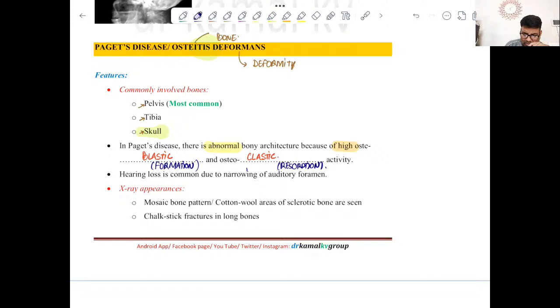Because sometimes there is narrowing of the auditory canal and this results in deafness, right? So this involvement of skull, especially auditory foramen or auditory canal, can result in hearing loss, that is deafness. Okay, so this is one clinical correlation.